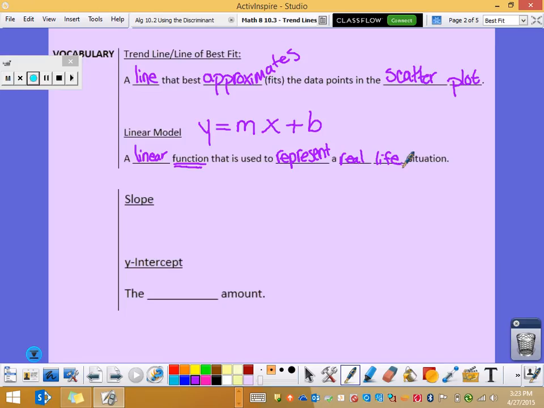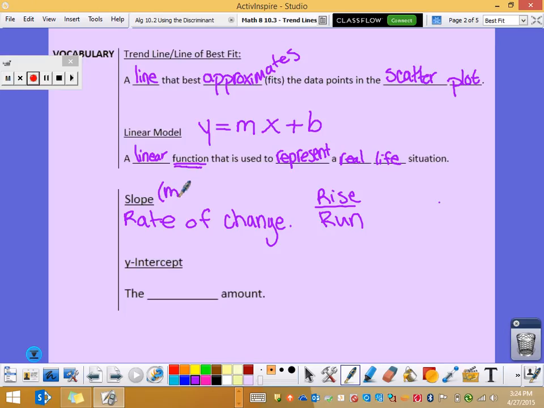Slope, we should know this one already as well. Last time we listed as many different definitions as we could. It's rate of change. And we calculate it rise over run. So make any note here that's going to help you remember slope and how you find it.